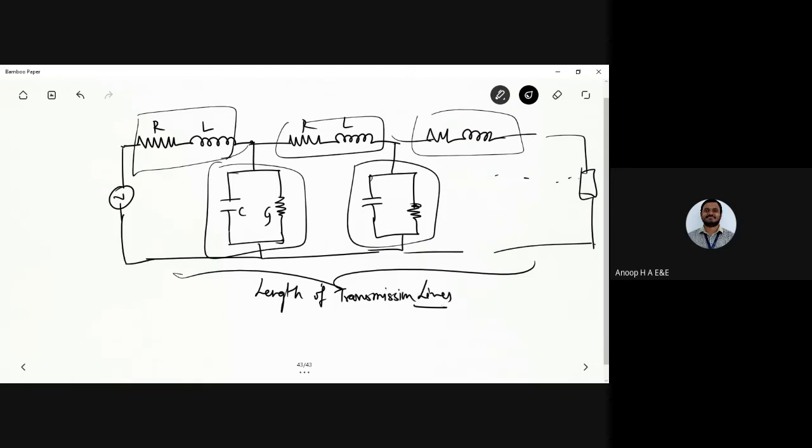All right. So now more or less we'll be highlighting the inductance and the capacitance effect. As I told you, the resistance is involved in the power loss component, and then we'll be having inductance, and next the capacitance effect. Okay.